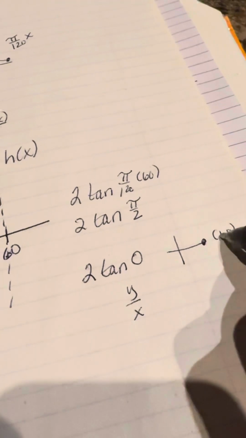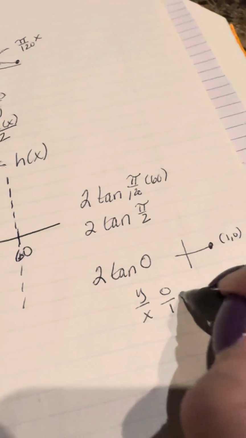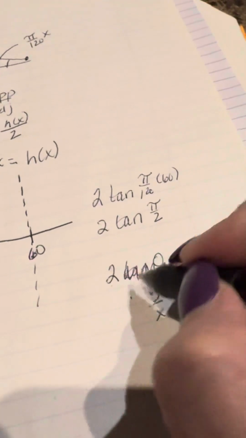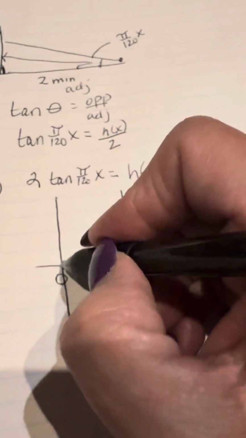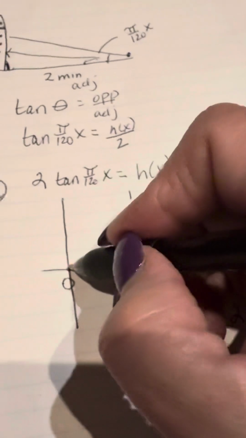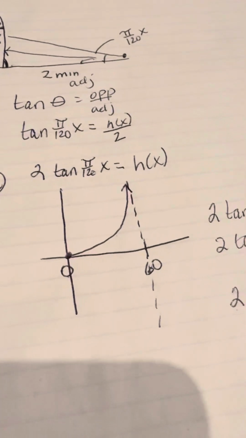Take the y value, divide it by the x value, which would be 0. So this all becomes 0. 2 times 0 is 0. So at time 0, this graph is 0. And then remember, the tangent graph goes up to the right, and so that's what it would look like.